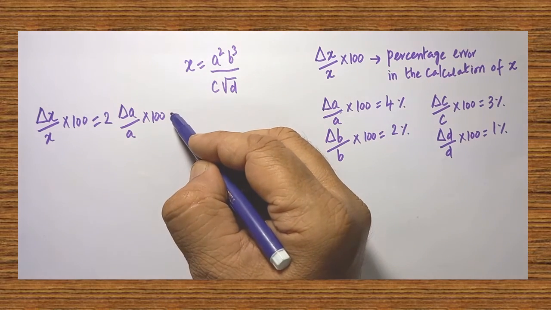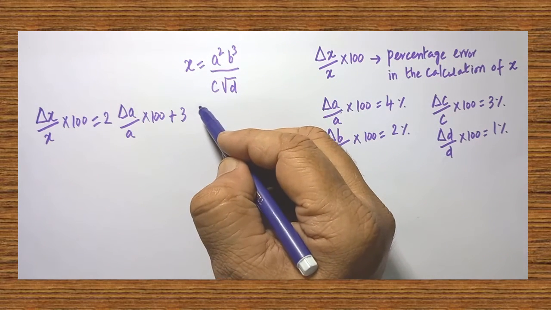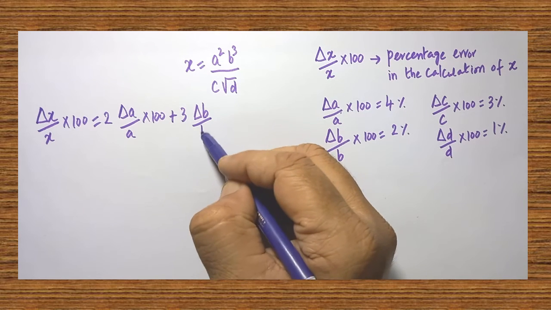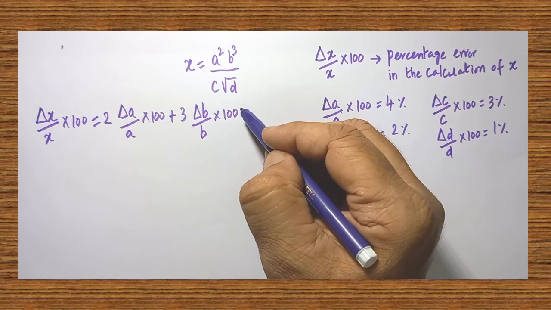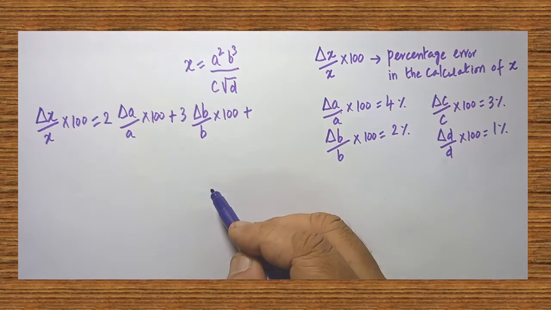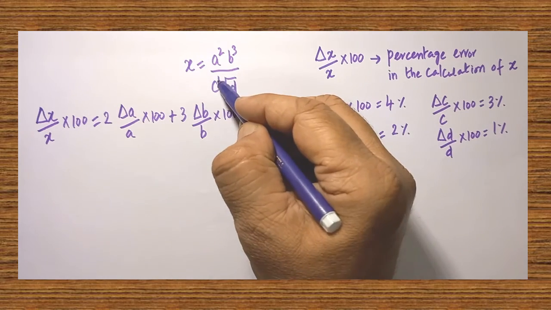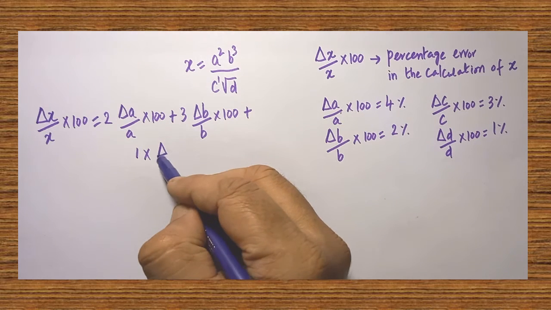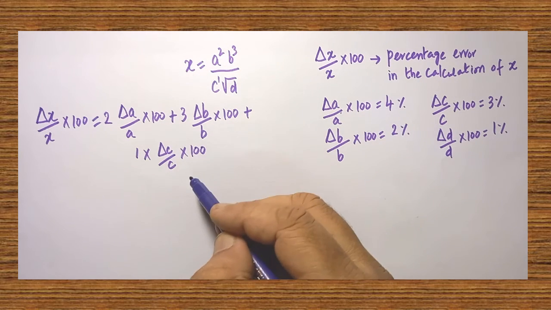After that, plus symbol must be written. The power 3 must be written. And then the percentage of error while measuring b, into 100, must be written. And then plus c must be written. The power is 1. Therefore, 1 into del C divided by C into 100 must be written.